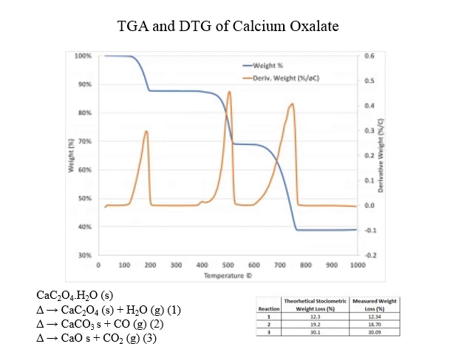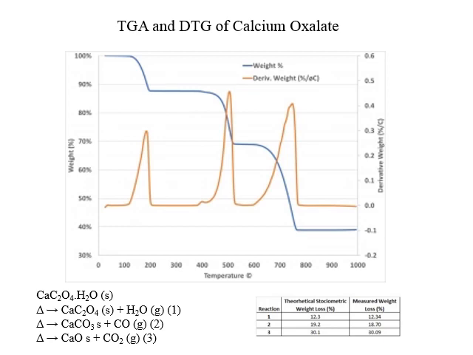And then it achieves an equilibrium and remains relatively flat till it gets to about 400 degrees. And we see that the calcium oxalate without the water now decomposes into calcium carbonate and carbon monoxide. It reaches another relative equilibrium and then decomposes starting at 650 degrees from calcium carbonate to calcium oxide and carbon dioxide.